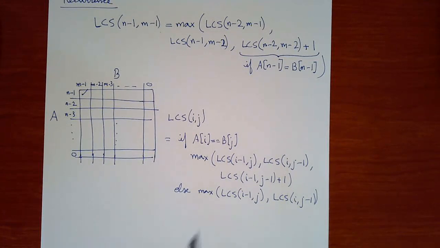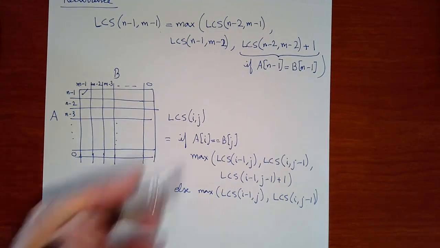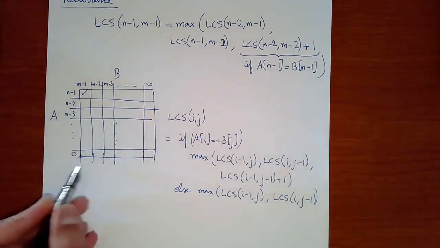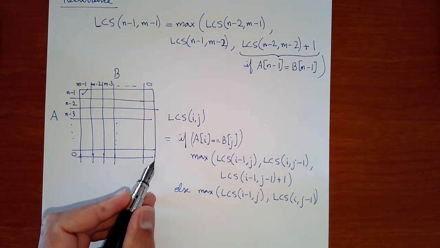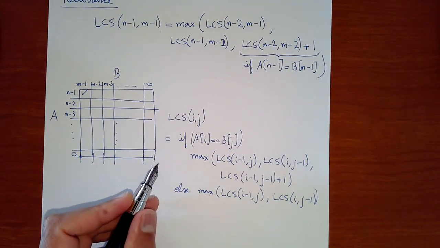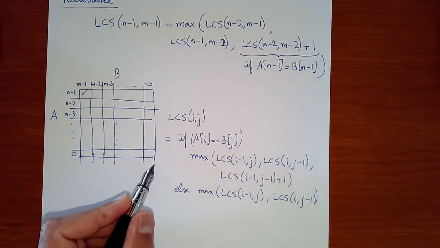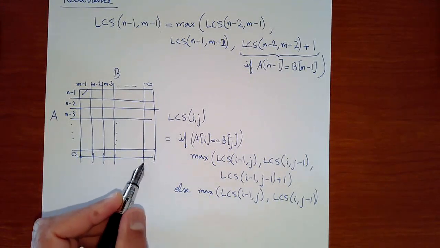How do you actually reconstruct the LCS from this? You can do a backtrack. If from 0 and 0, and then if you have a diagonal jump, then it's using that character.